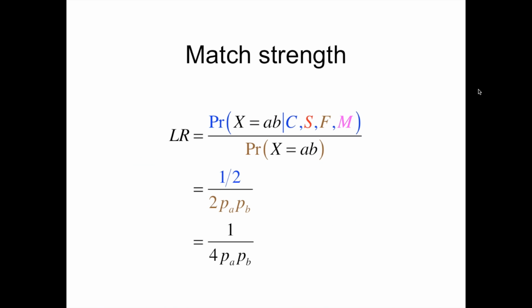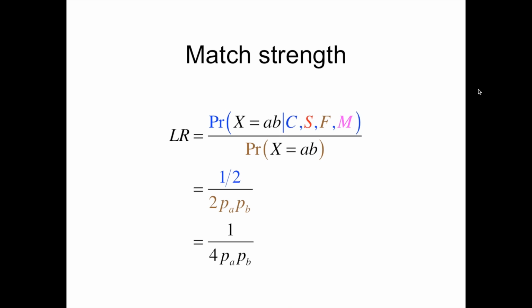AB has 1/2 probability. And what's the probability that a person has an AB heterozygote genotype? Well, in brown in the second line in the denominator, that's just the probability of a heterozygote, 2 times the probability of A times the probability of B, based on the allele frequencies in the population.